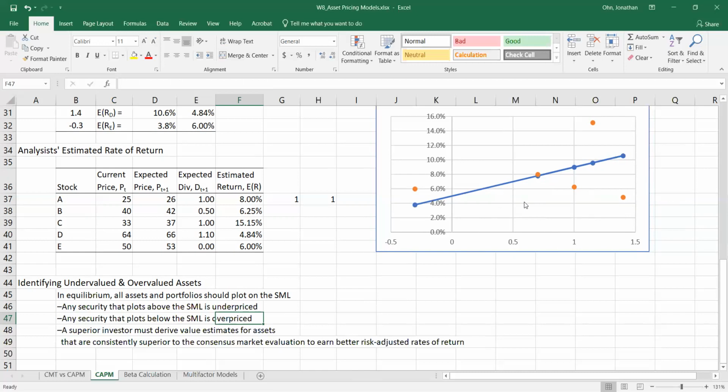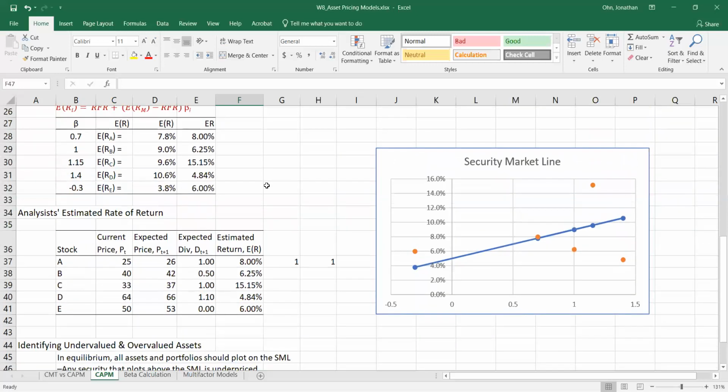It is rightly priced, or fairly valued. So you see what I mean? Analysts estimate the rate of return, and then compare that to the CAPM return, and they get a feel whether the stock is overvalued or undervalued, or whether it is a bad investment or good investment.